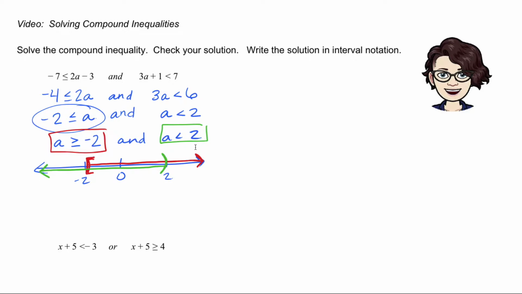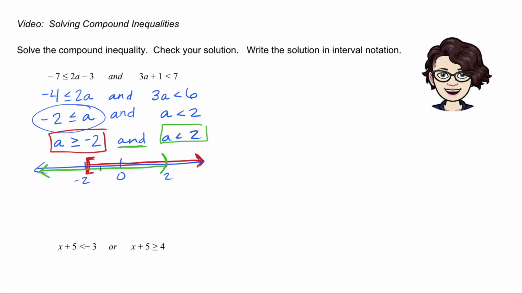So we have an and statement. So what does that mean? That means whatever a is, it has to be true for both of these. It has to be greater than or equal to -2, and it has to be less than 2. So is 0 a solution?